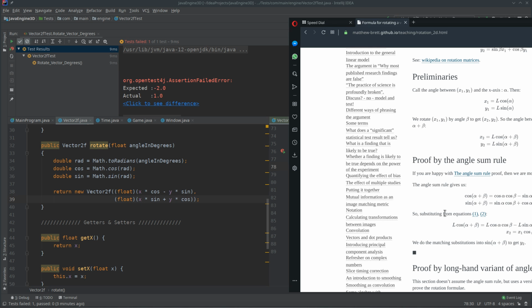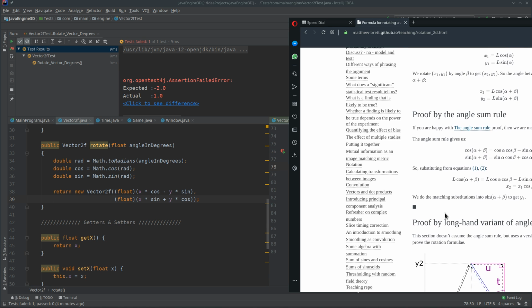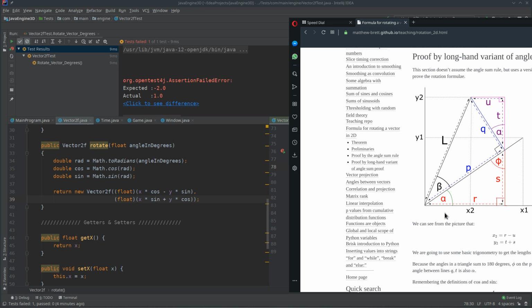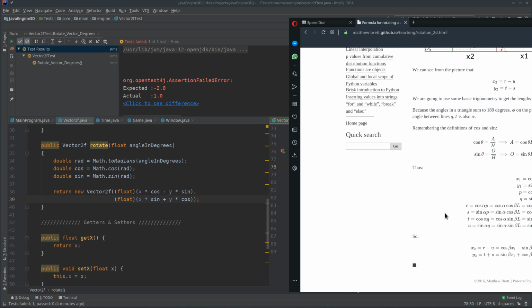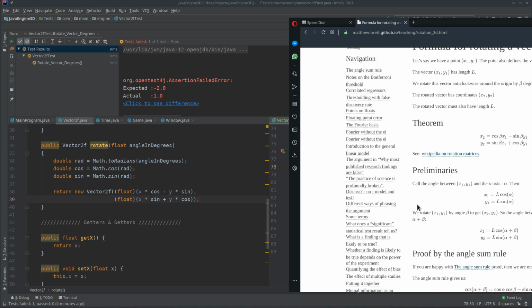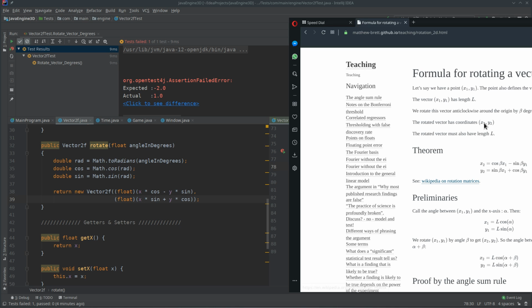The angle sum rule gives cos alpha plus beta equals cos alpha cos beta. Oh, that thing. Yeah. God damn it. So that's the equation that I typed in.